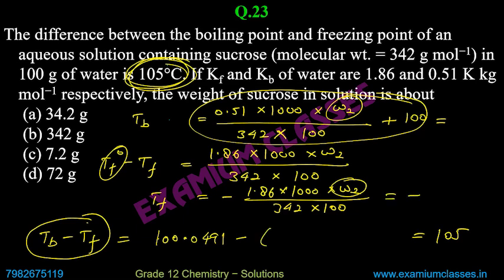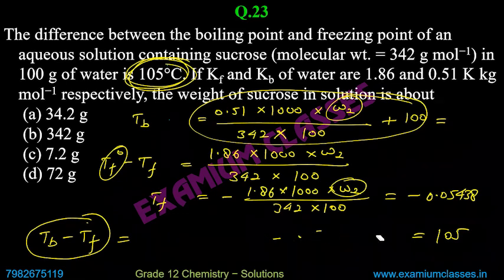Let me do the calculation again. 1.86 into 10 divided by 342, 0.0543, minus 0.5438, and you have W here.